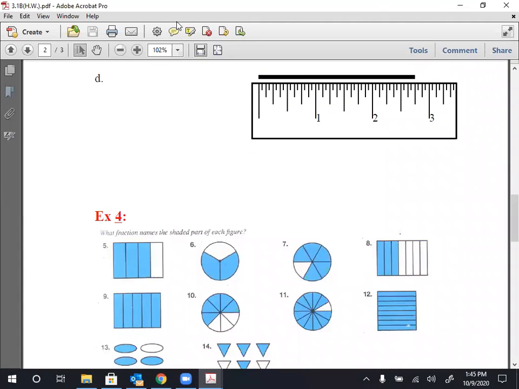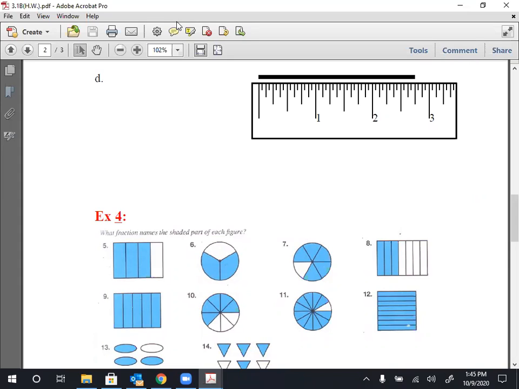So to make your fraction, the fraction is always done the same way. The fraction is the number of shaded parts over the total number of parts.